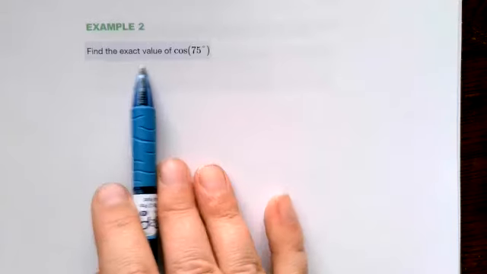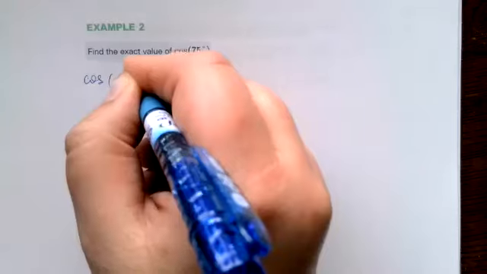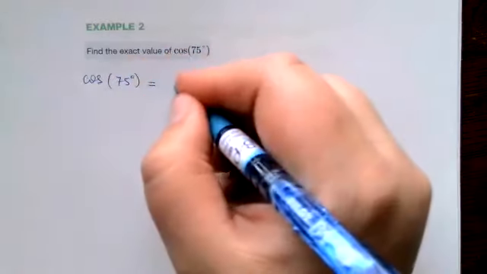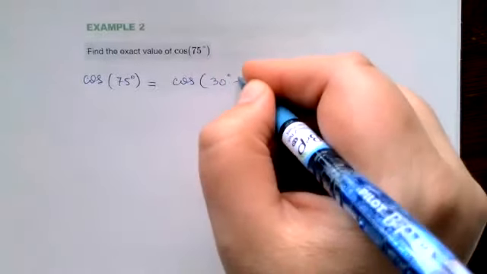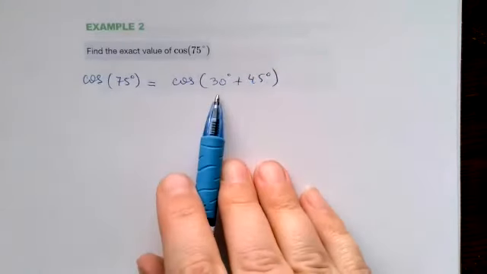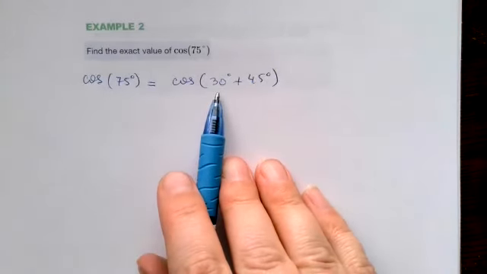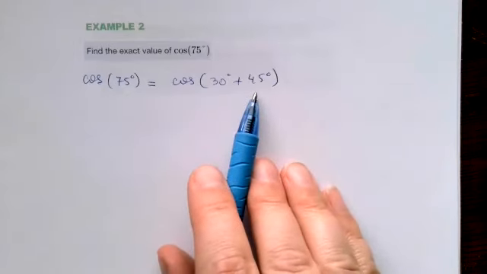Now, in order to find the exact value, we're going to rewrite our 75-degree angle as a sum of 30 degrees plus 45 degrees. And that gives us cosine values and sine values of the well-known angles.